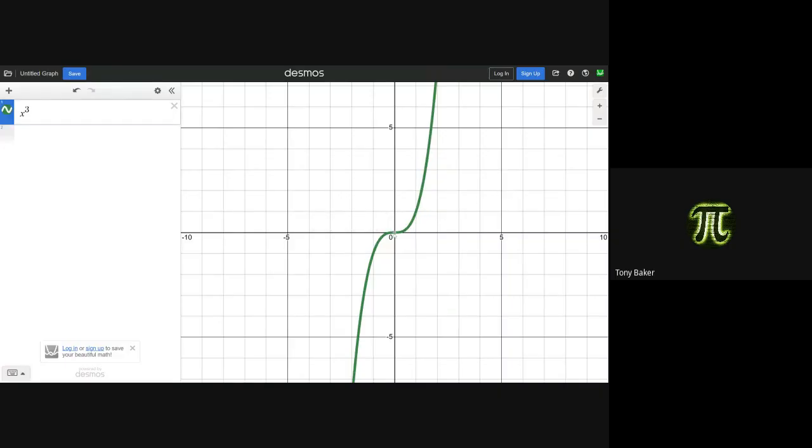What's at 0? Is that a local minimum or maximum? Yes or no? By definition, what does a local min or max have to have?